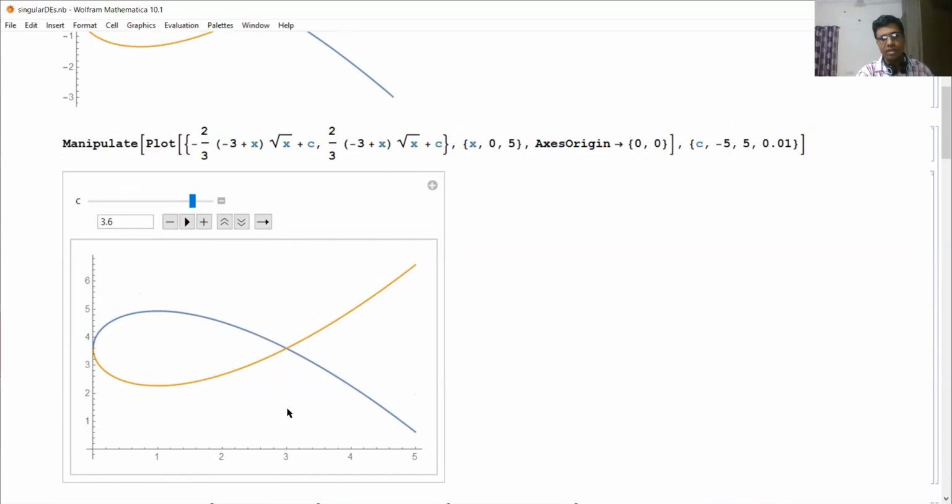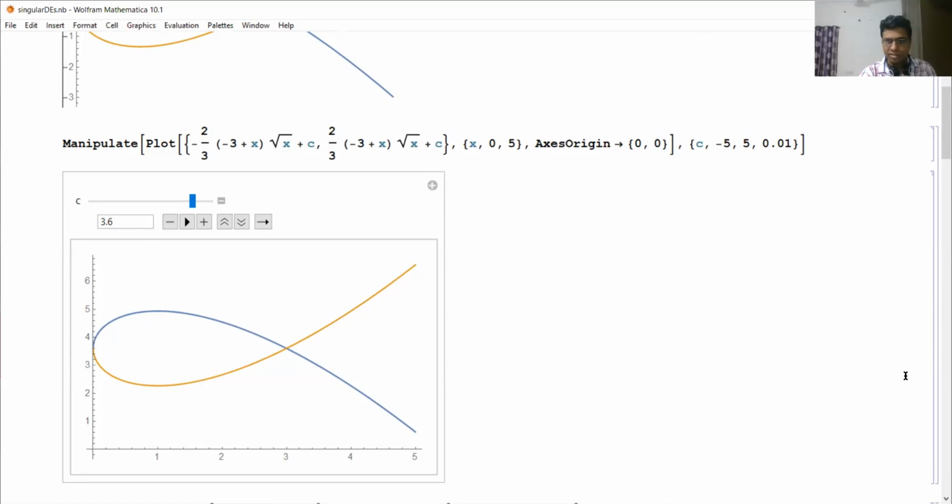We know that here we have taken a equal to 1, so the node is always on the line x equal to 3a. And if we take a equal to 1, then x equal to a will be x equal to 1. So this vertical line is also important.